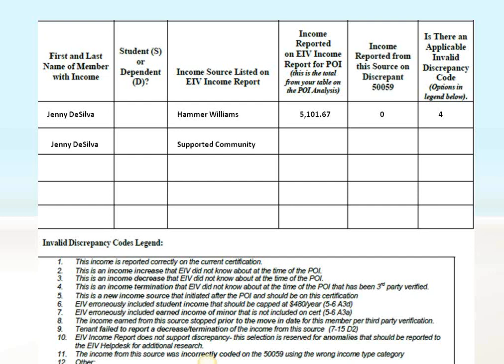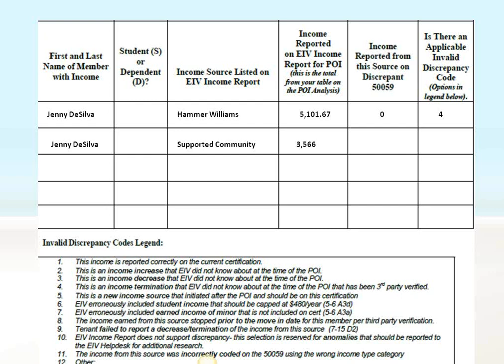Jenny was supported community. What was the total we had for supported community in our table? 3566. Remember, we saw what happened with supported community? Did that income source drop off before the period of income even ended? Mm-hmm.